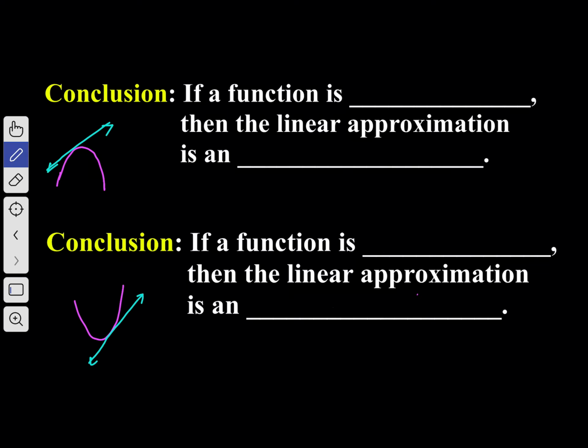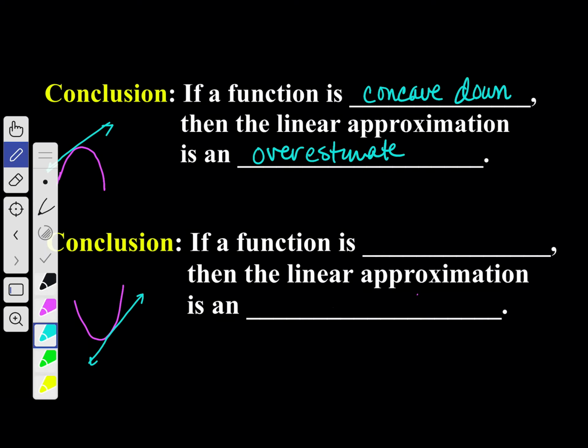So when we are using the tangent line to approximate, if the function is concave down, then the linear approximation is an overestimate because the tangent line was above the graph.